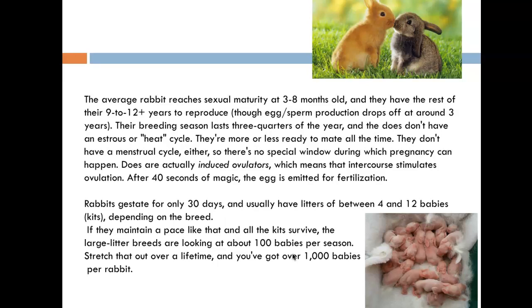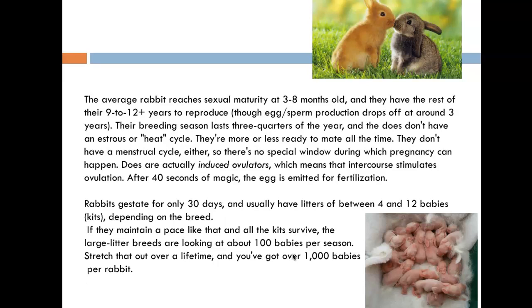So we know with humans, a typical female is going to have a 28-day cycle, where day 1 is the first day of her menstrual period, and day 13 or 14 is when she ovulates, and then she's able to get pregnant during that middle window, no matter what.